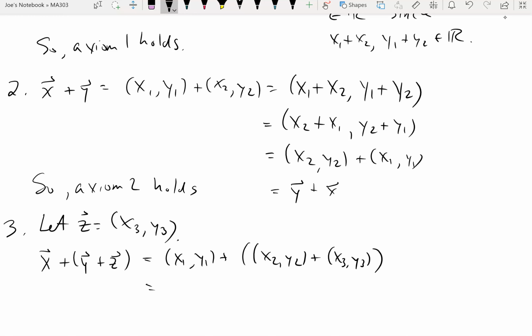The way it's grouped, which ones do I have to add together first? Good. So I need to add those two together first.